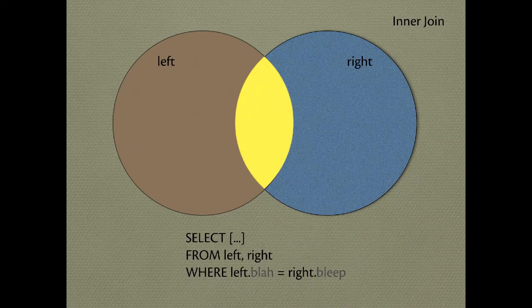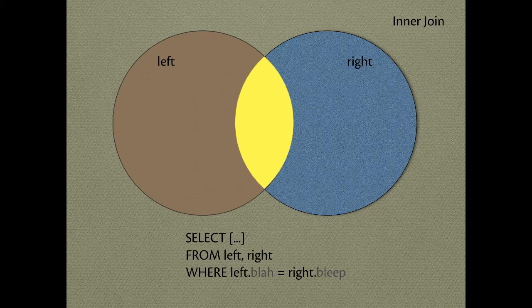And most of the time when we look for something, we're actually looking for the middle part. We're looking for the overlap between the various circles. We've seen this a lot. Here's the basic template of the SQL down here at the bottom, right? We're just selecting some columns from a left table and a right table where there's some column key on the left, and that equals some column key on the right.